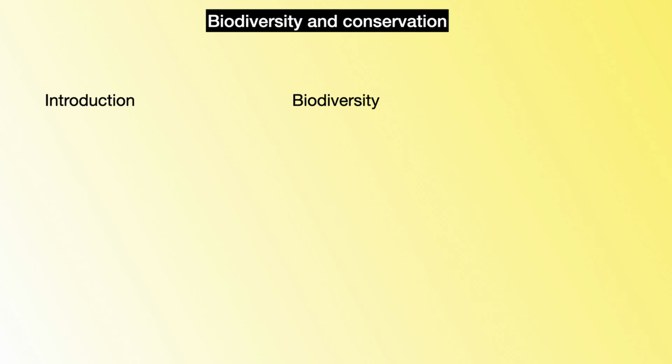Or look at your dinner plate. India alone has over 50,000 different strains of rice and more than 1,000 varieties of mango. That is the genetic diversity in action. Second is species diversity.